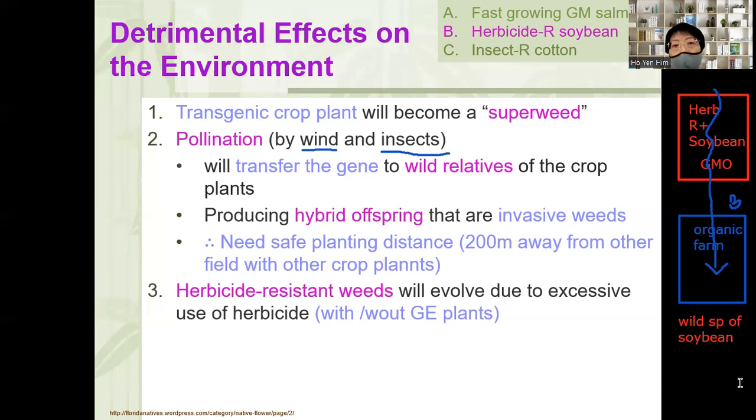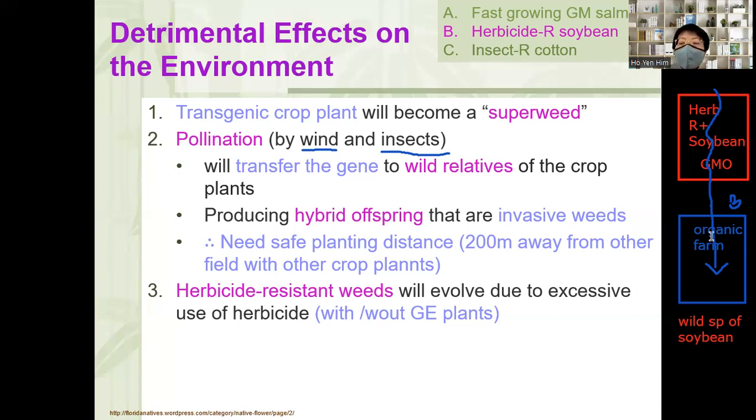So each type of orchid is considered as one species. But because they're orchids, they're very closely related, so they can interbreed. So same for soybean. Soybean has many different species. But because they're closely related, they can breed. So she's planting soybean, or maybe she's not even planting soybean, never mind, but there are some wild species of soybean here.